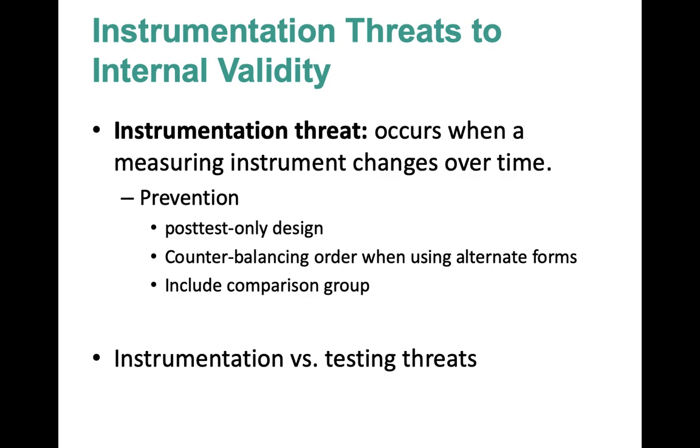Okay, so then just to review the difference between instrumentation and testing threats. In an instrumentation threat, it's the measuring instrument that has changed in some way from time 1 to time 2. So either literally the measuring instrument is different, like a set A problems and a set B problems, and they're not equivalent. The measuring instrument, you could think of the researchers as the instrument, and their use of a coding scheme improves. So that has changed over time. So with instrumentation, it's the way that we're measuring changes.